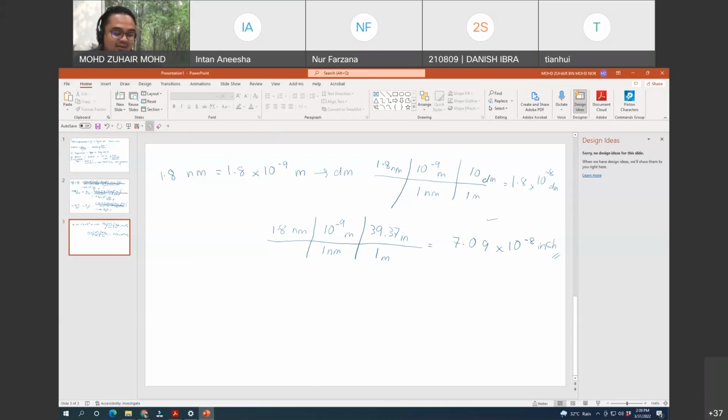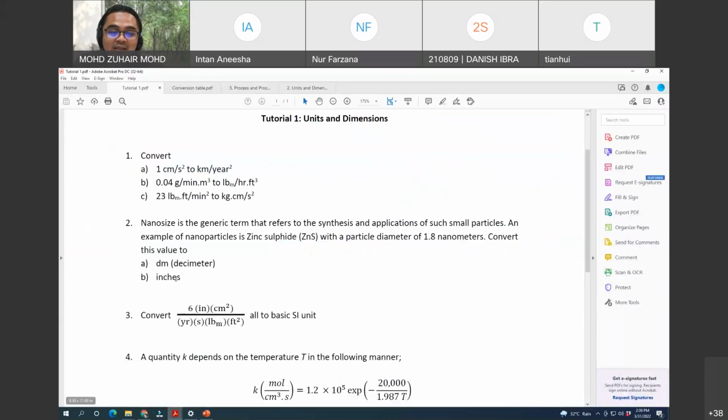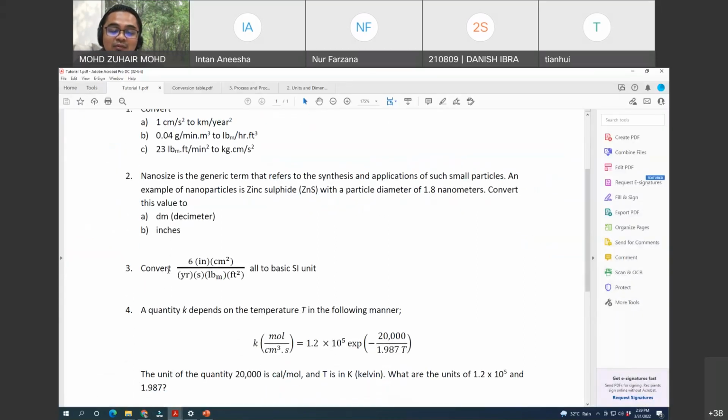Okay, it's fine. So now we are going to move to the third question. And this is to convert from these values, 6 inch, cm, year, second, pound, feet, to basic SI unit. What does it mean by basic SI unit? Can anyone answer me?